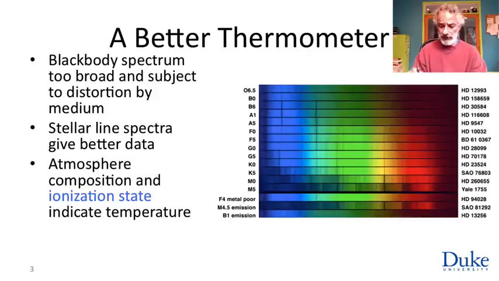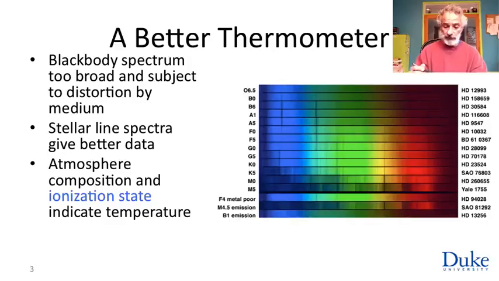Here is a compilation of representative stellar spectra arranged in order of what is called spectral type, and spectral type runs from O through B, A, F, G, K, and M. Within each category, there are 10 subdivisions. So B0 is on one end, and it goes all the way up to B10, and A0 up to A10, and so on.